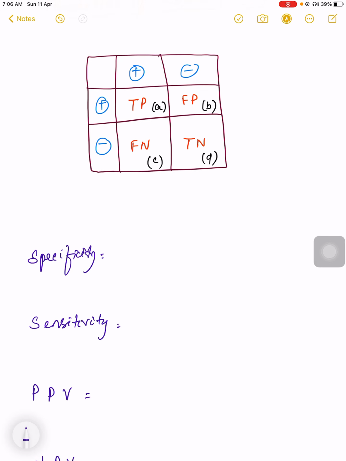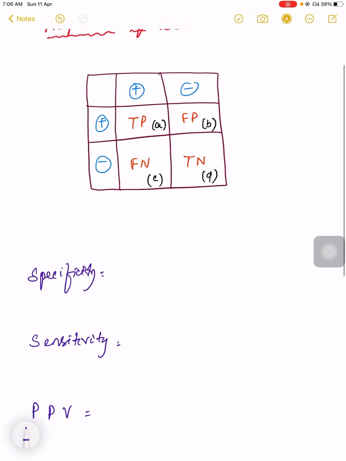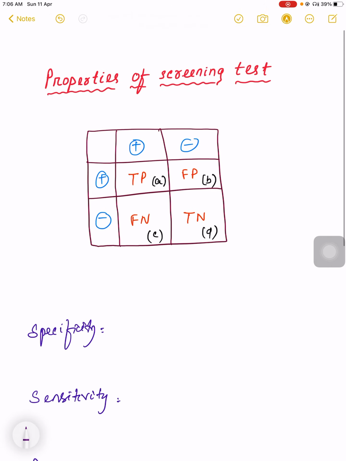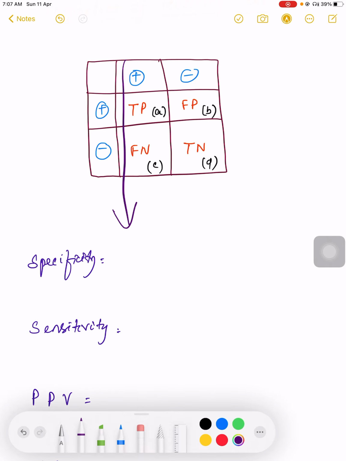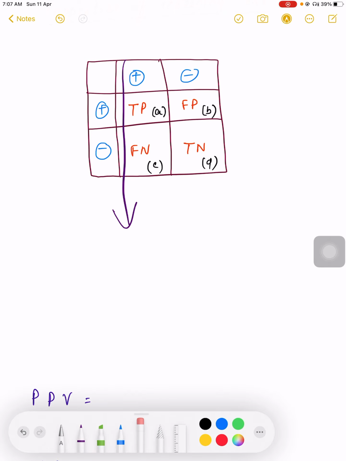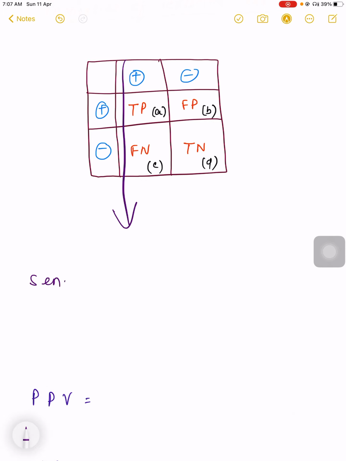I will make the formula from this table. Just have a look, you can easily understand. If I go like this row, first true positive comes, then true negative, false negative comes. Just remove this and write first sensitivity, then specificity.